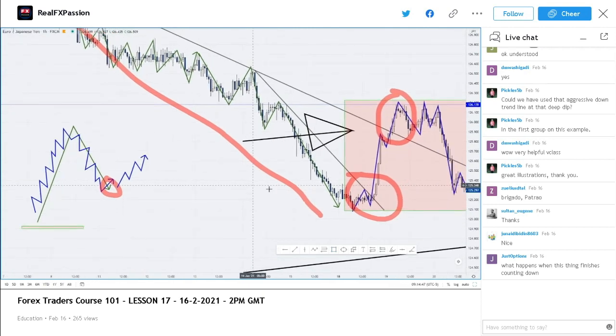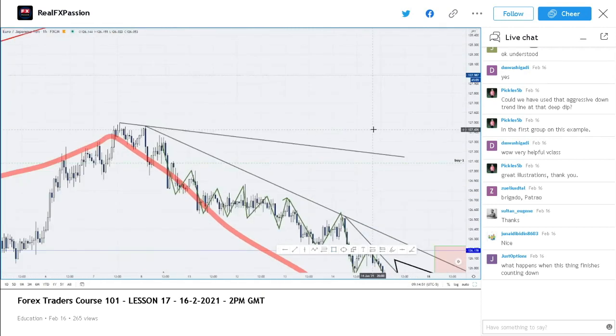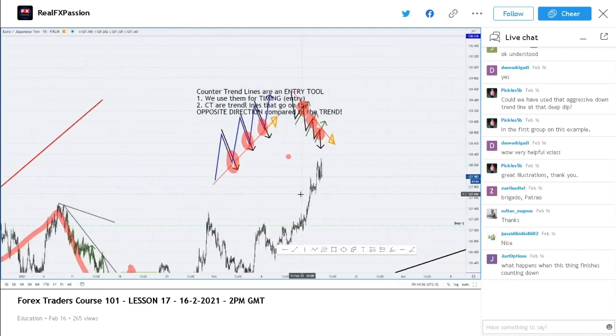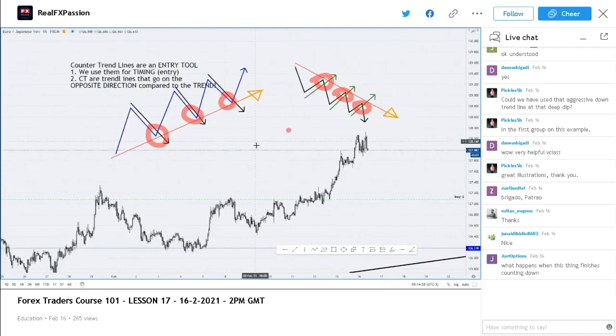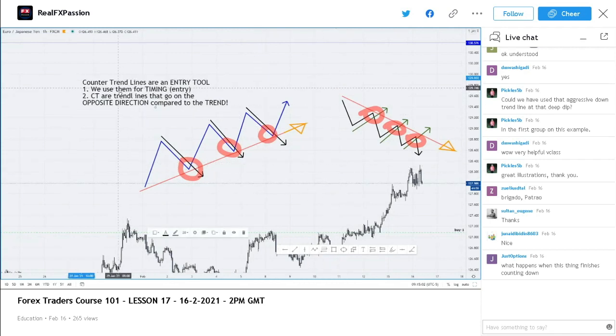So the market went down, and what we're going to do right now is find entries, okay? Every time the market is going to retrace, we are trying to enter, and the stop loss goes on the trend line.